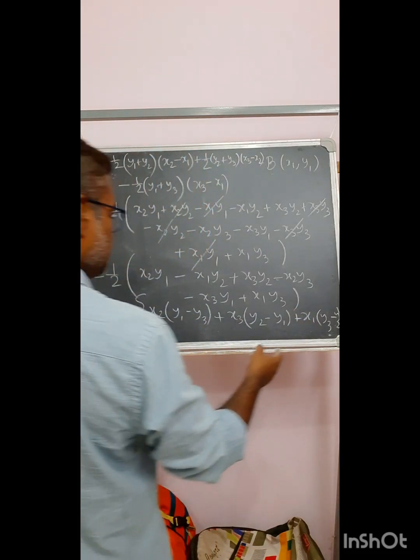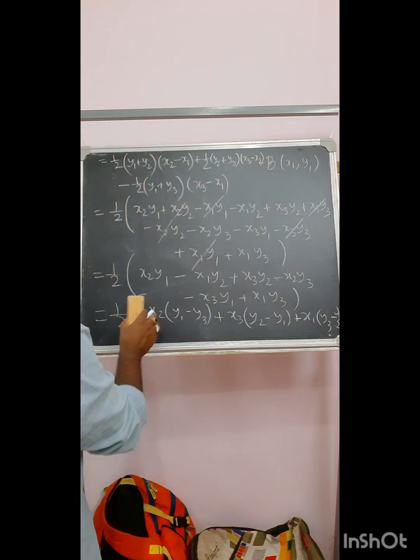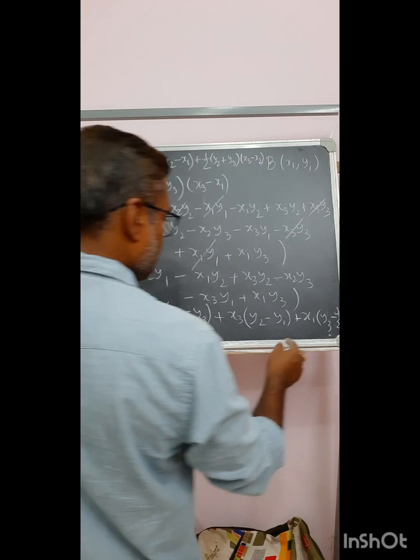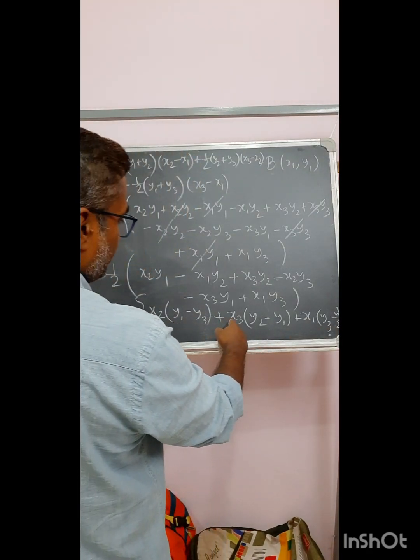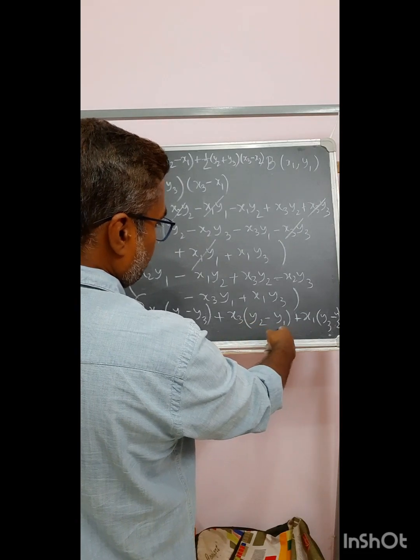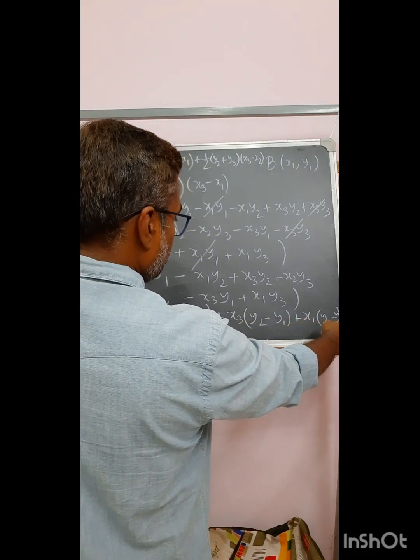So this will be the final thing that I will get: X2 into Y1 minus Y3, X3 into Y2 minus Y1, and next one X1 into Y3 minus Y2.